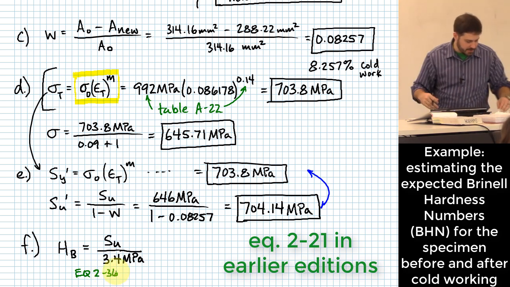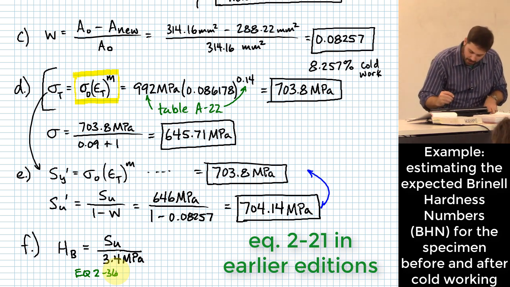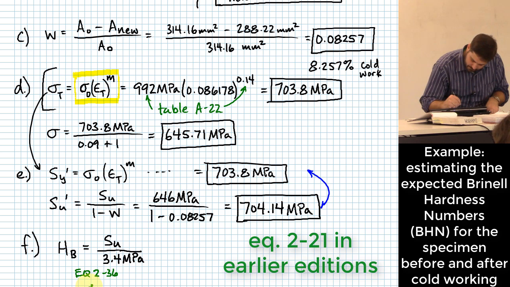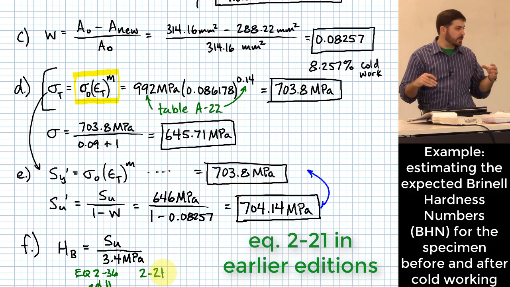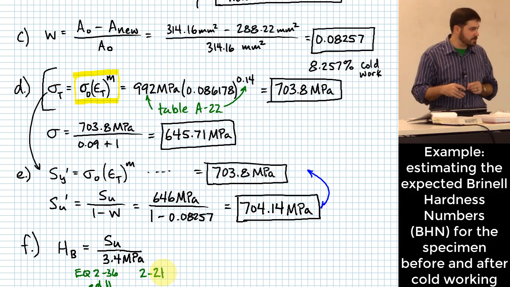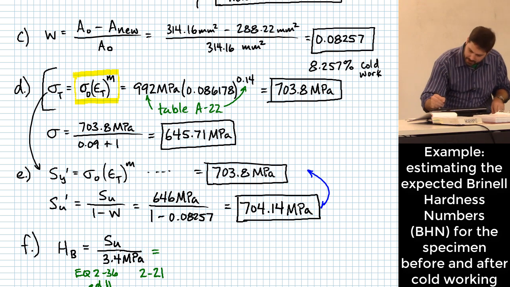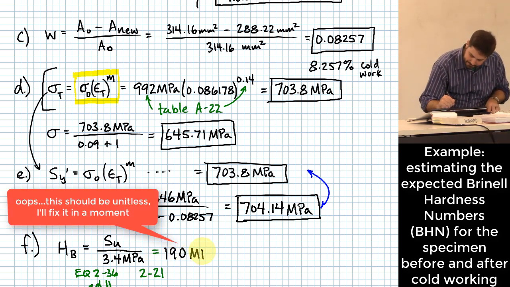I don't remember what it is in edition 10, but actually I do. Equation 221. Yep. There's just a linear relationship that gets you pretty close. This isn't a perfect relationship. There's some scatter in the data, but if you want to have a good estimate, you can just use 3.4, right? So this ends up giving you 190.